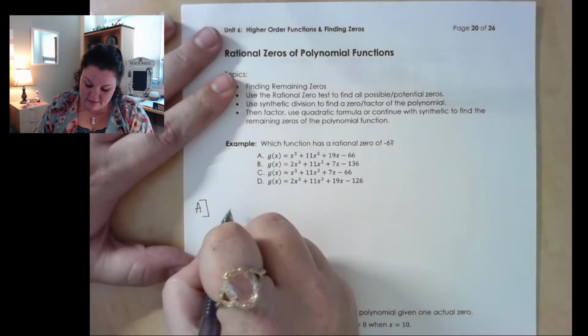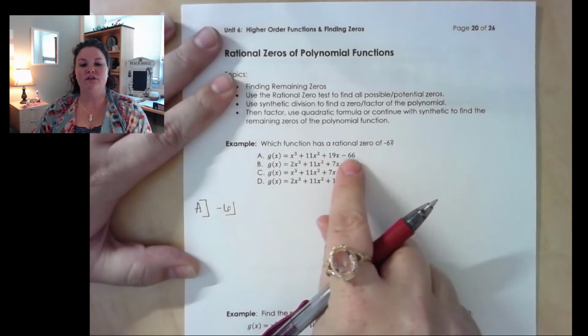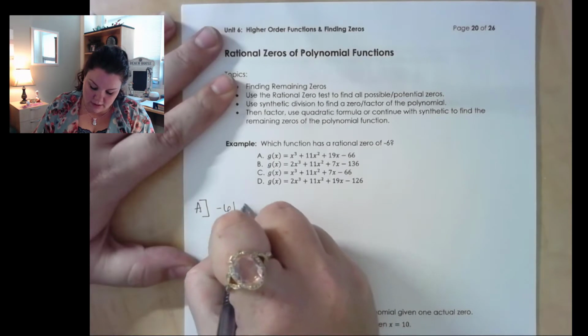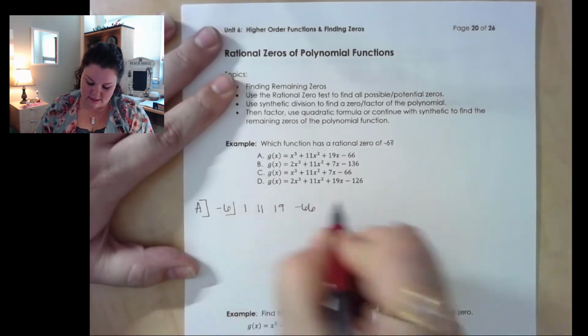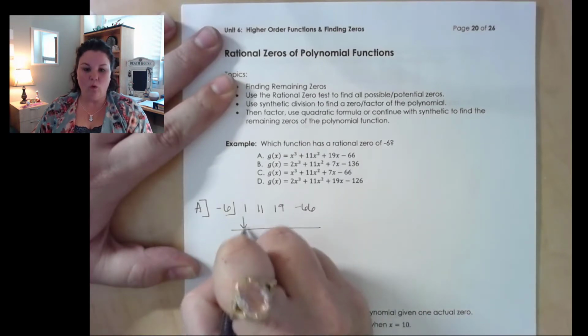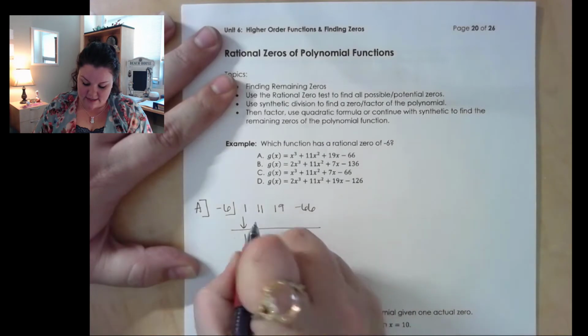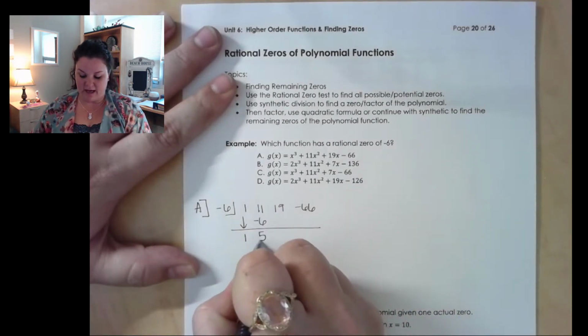I'm going to put -6 in my little synthetic box and write out all of my coefficients from that part A function, which is 1, 11, 19, and -66. We bring down our 1. 1 times the -6 in our box gives us a -6. 11 and -6 combines to 5.